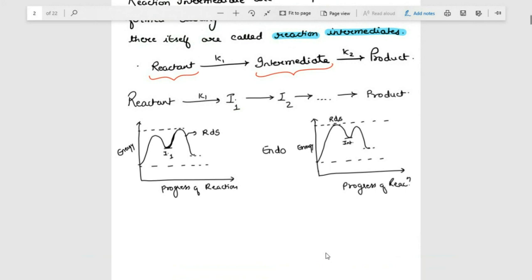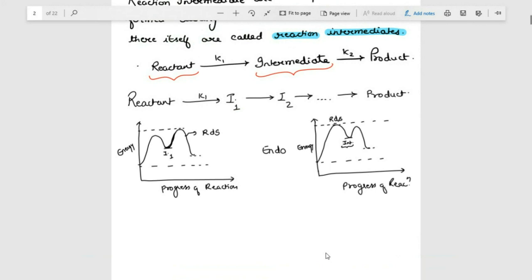So if the first step is RDS, what I will study for the growth of the reaction is how I can stabilize the intermediate. If the intermediate is formed at a faster rate, RDS will start happening at a faster rate, and the overall progress of reaction or rate of the reaction will increase.